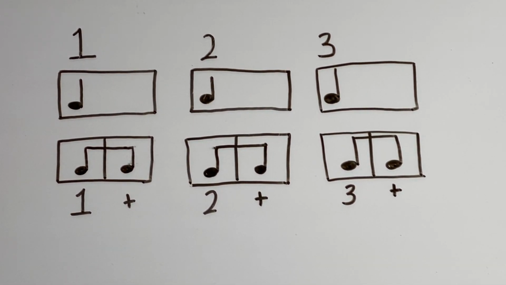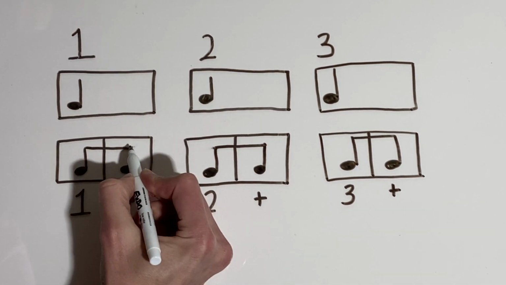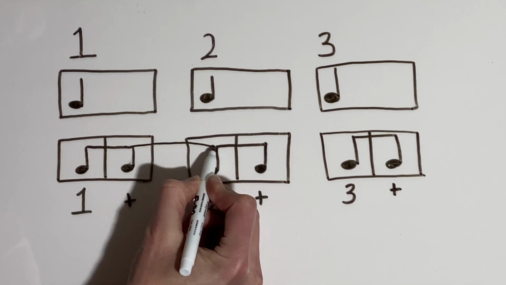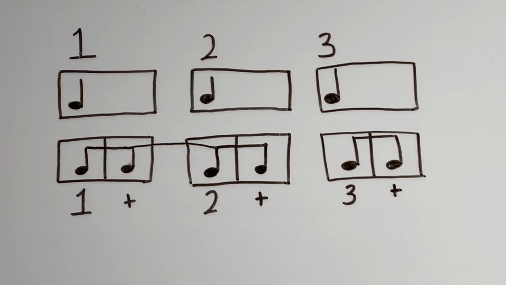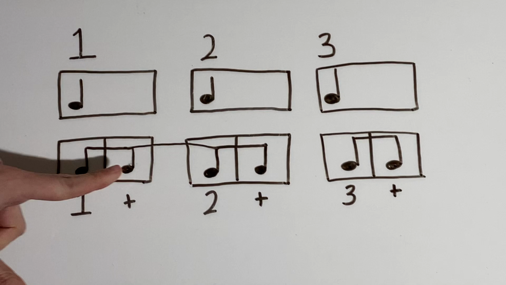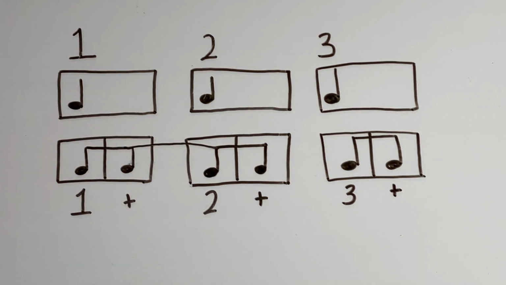Awesome job. Now on this page, they also are introducing in your textbook that you can have 8th notes go together in groups of 2, but you can also have 8th notes go together in a group of 4. We can have 4 8th notes all working together. Now here's my question.